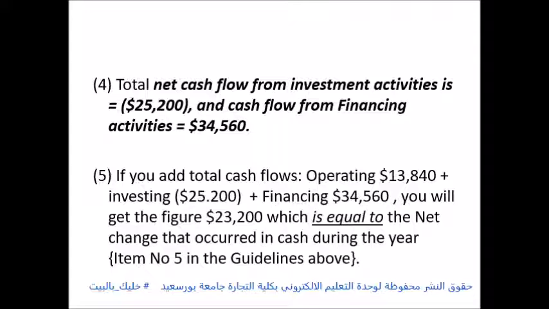The new two sections, which are investment activities totaling minus 25,200 and financing plus 34,560. Get the totals of them in the cash flow statement. Now you have the three main parts of the cash flow statement complete.